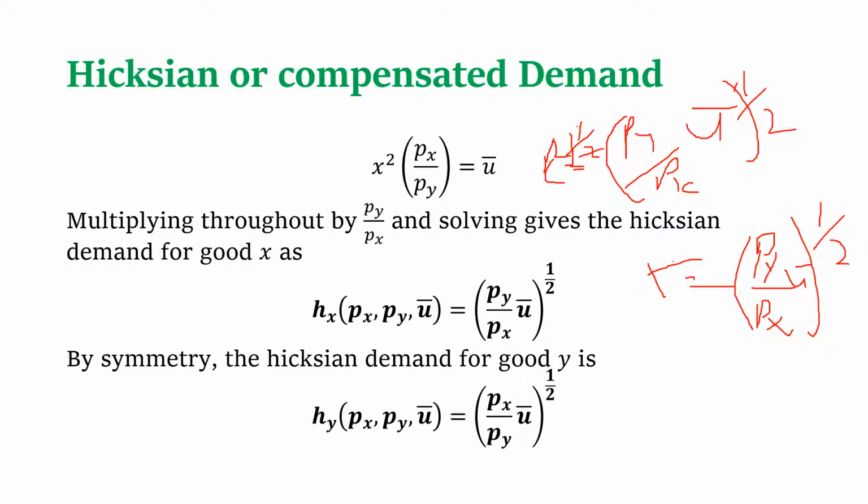That is your Hicksian demand for good x, which is this one. Now by symmetry, the Hicksian demand for y will be px over py times u bar, all raised to the half.